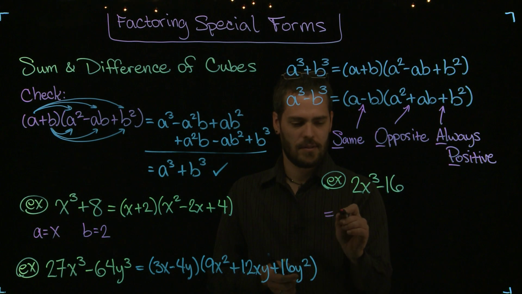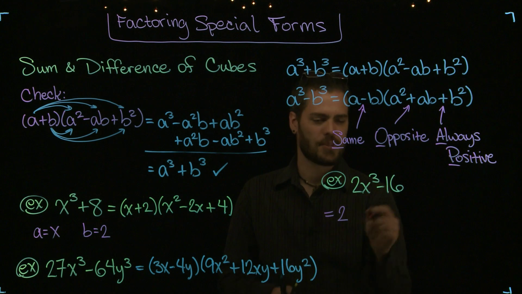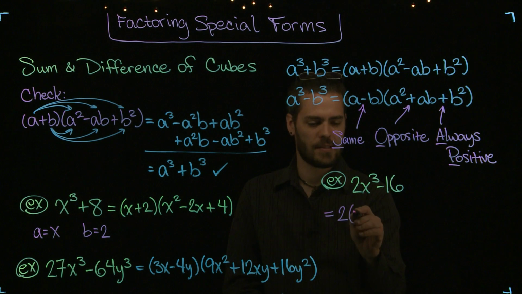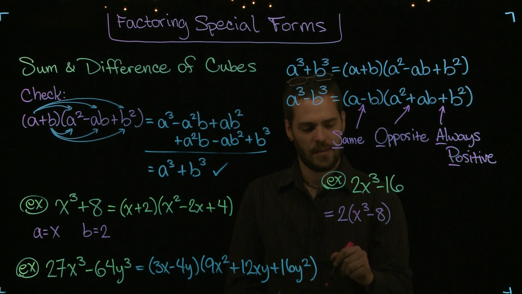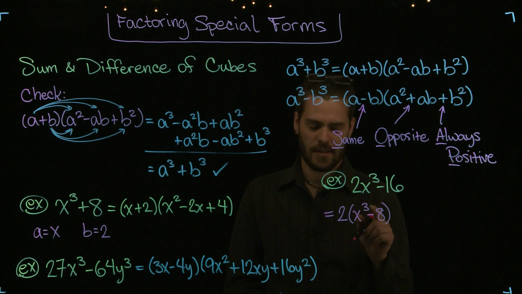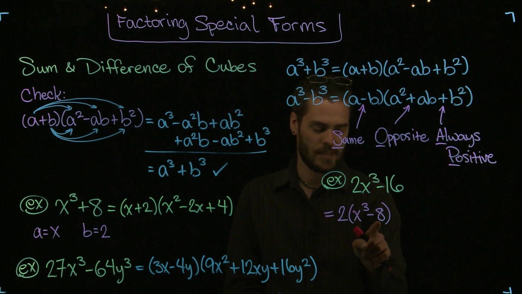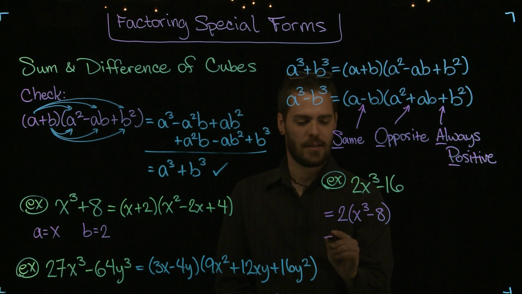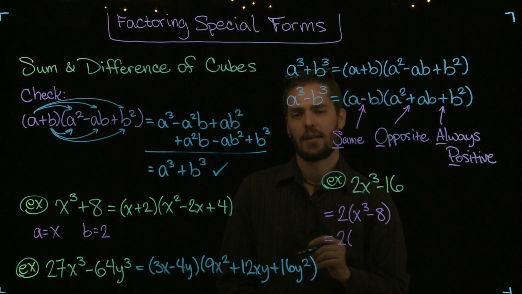2. Not 2 greatest common factors. The greatest common factor is 2. So we're going to take out 2, and what we're left with is x cubed minus 8. Now do we have a difference of cubes? Yes, we do. Here's x cubed. This one, 2 cubed, is 8. So I'm going to keep the greatest common factor, and then start applying the appropriate formula.